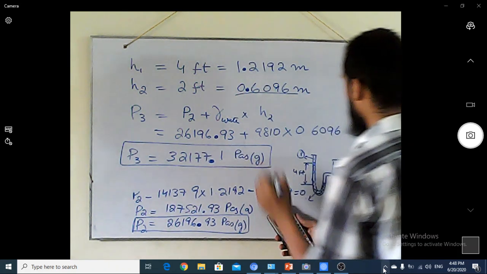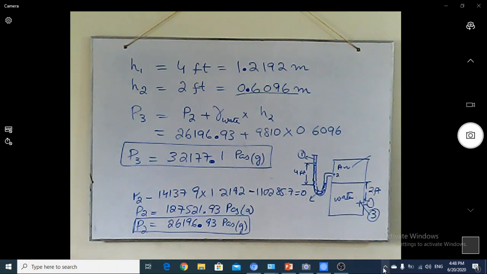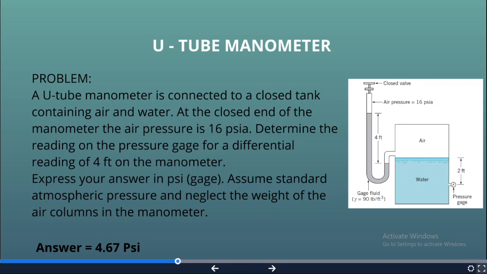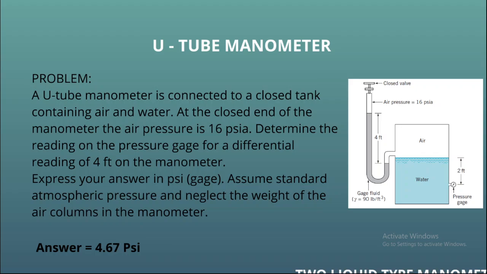So this is the pressure read by the gauge. If you convert this value into PSI, you will get a similar answer of 4.67 PSI. I usually solve all numericals in the SI system because I am much more comfortable in that unit system.